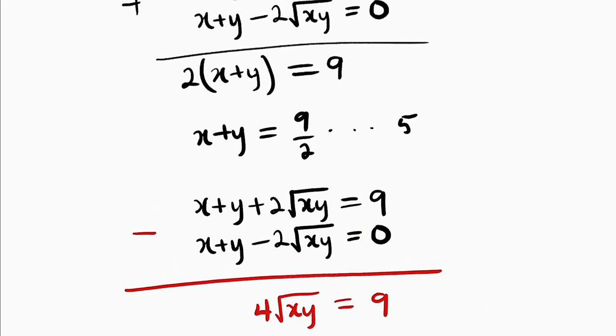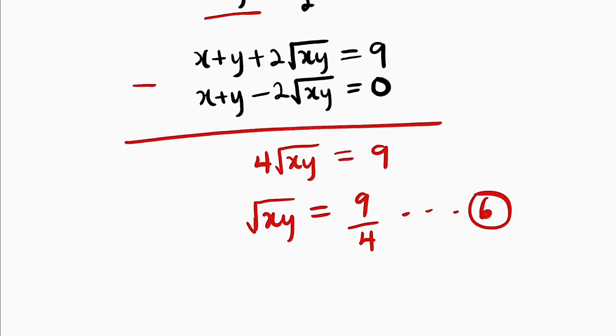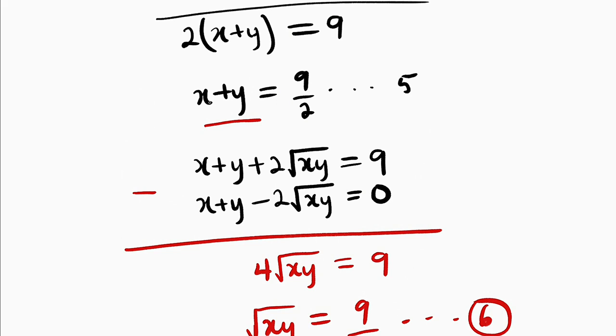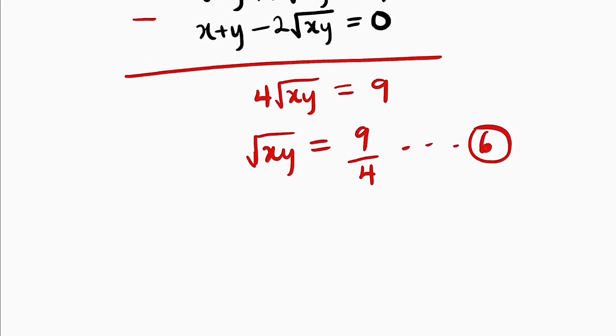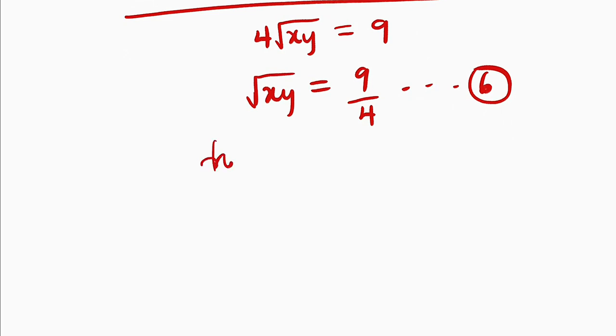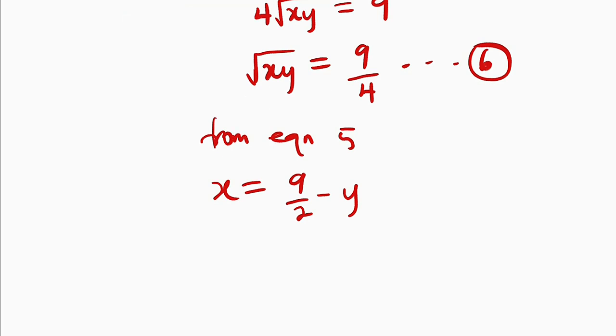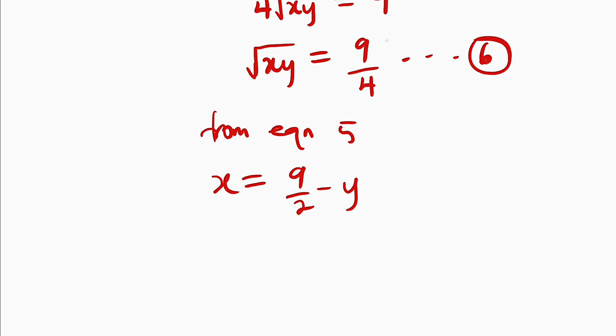Now we can make either y or x the subject here, then substitute it into equation 6. From equation 5, you can see that x is equal to 9 over 2 minus y, and we can directly plug it into this equation. Before doing that, we can square both sides.